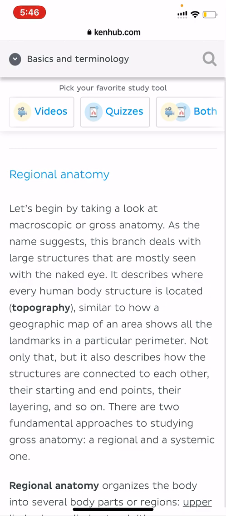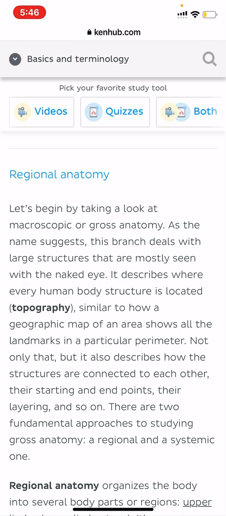Regional anatomy. Let's begin by taking a look at macroscopic or gross anatomy. As the name suggests, this branch deals with the large structures that are mostly seen with the naked eye.